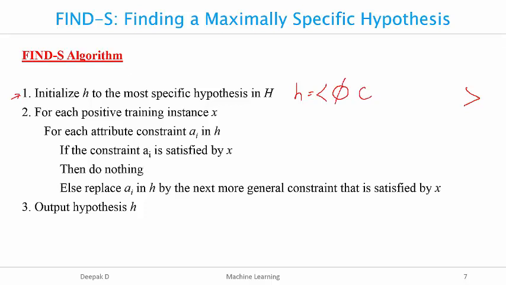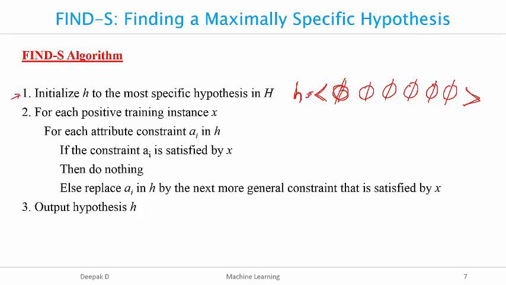When you place null values for the attributes, we say it is the most specific hypothesis. We have placed only 6 values because we have taken the example of the EnjoySport concept learning, where we have only 6 attributes. So the hypothesis is represented with null values for all the attributes.